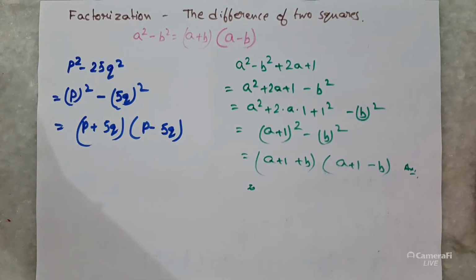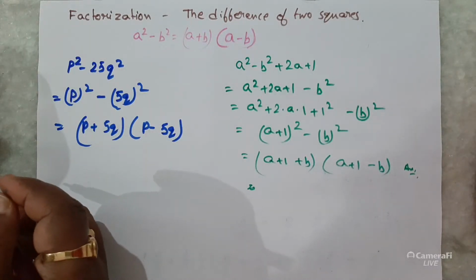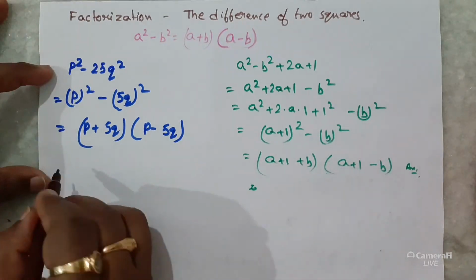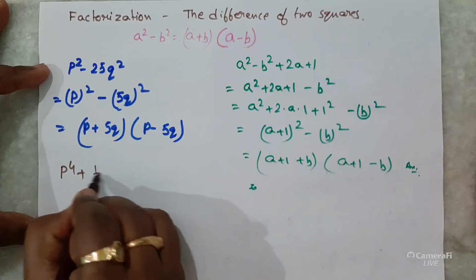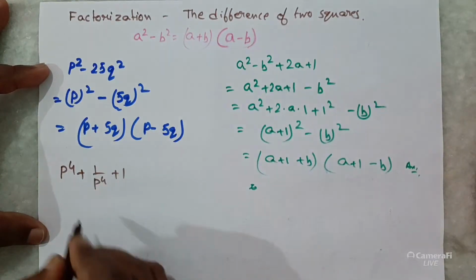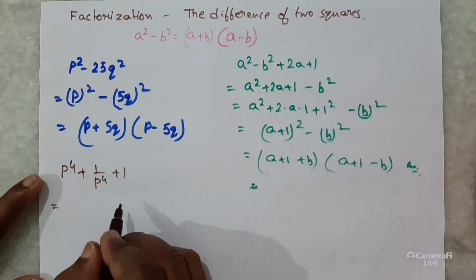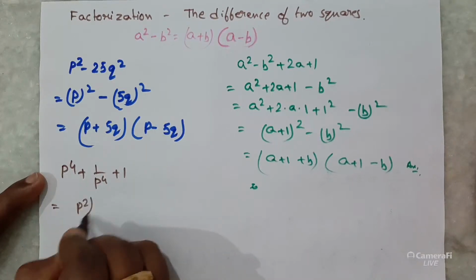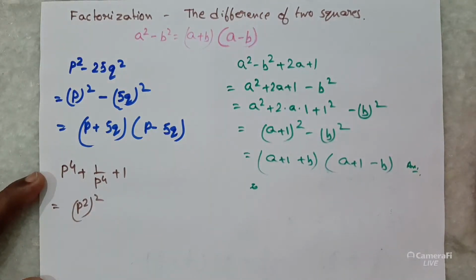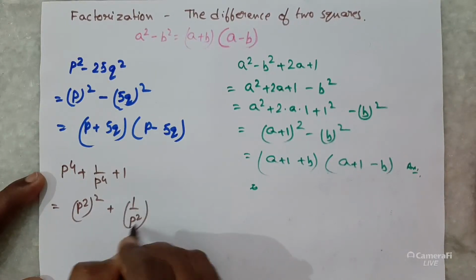Okay, next thing is a little bit tough, that p to the power 4 plus 1 by p to the power 4 plus 1 will be equal to, what should I do? First let's try to convert this whole power 4 into a square-like thing.